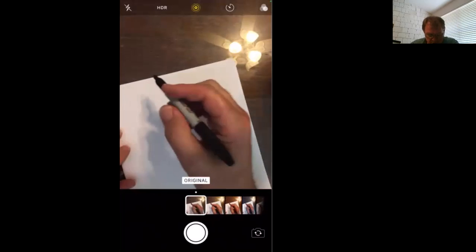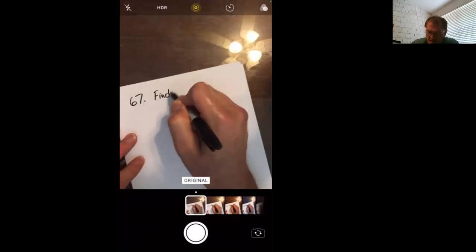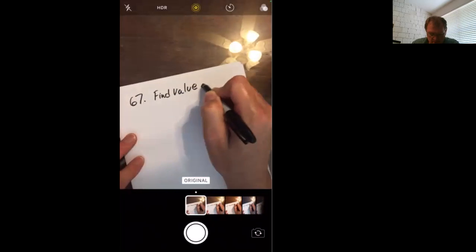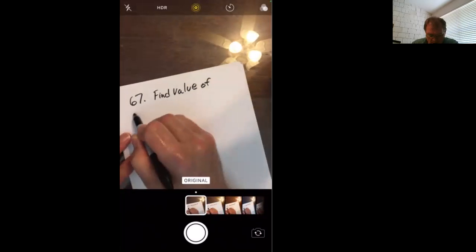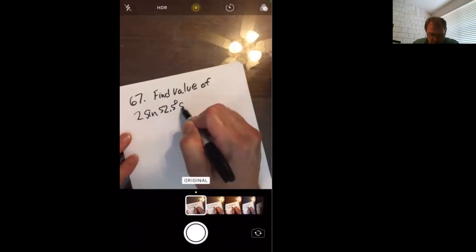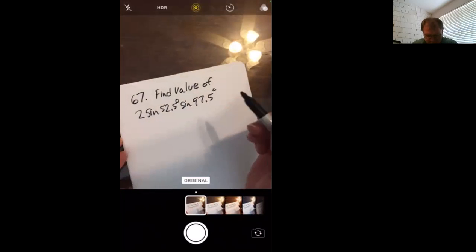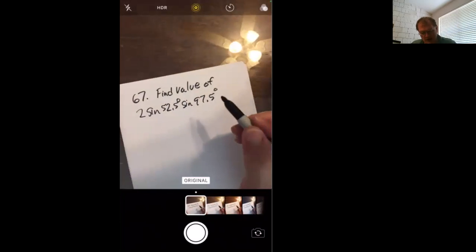Number 67 does this with numbers. Find the value of twice sine 52.5 degrees sine 97.5 degrees. Okay.